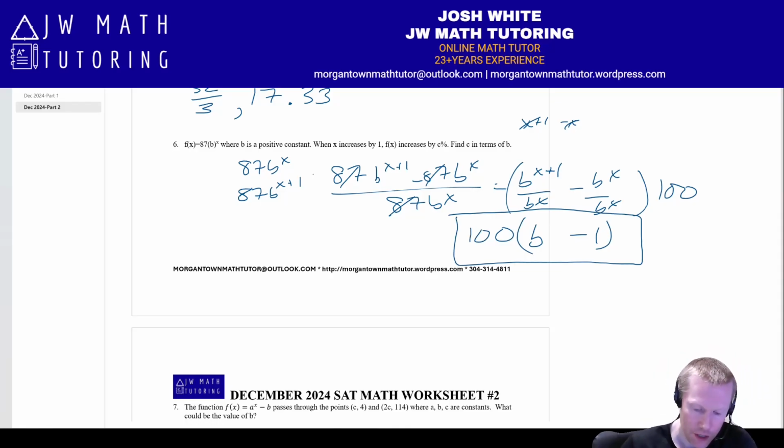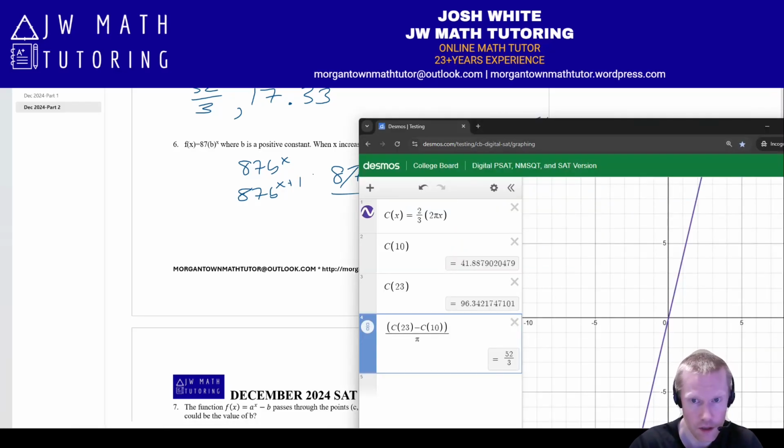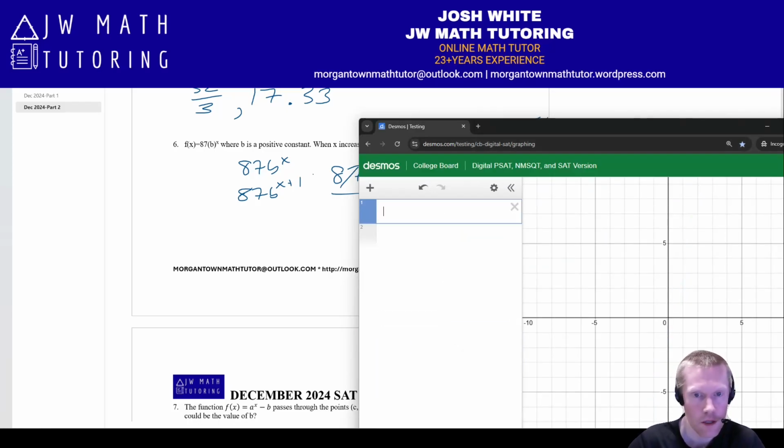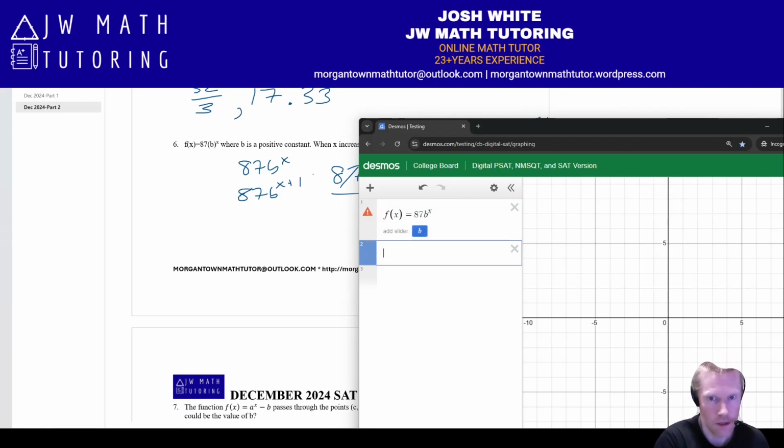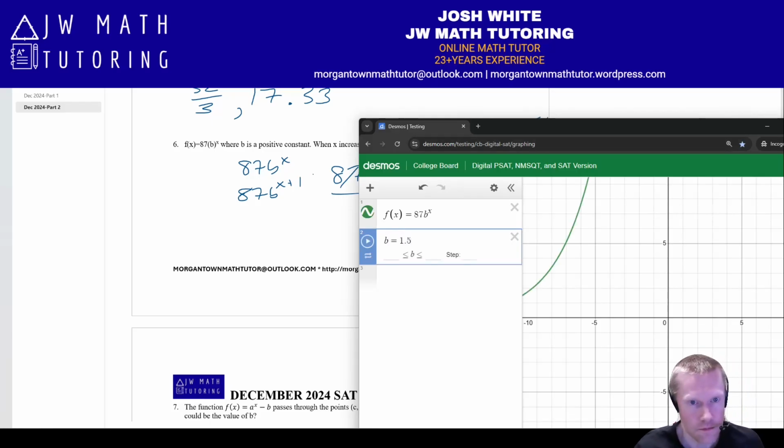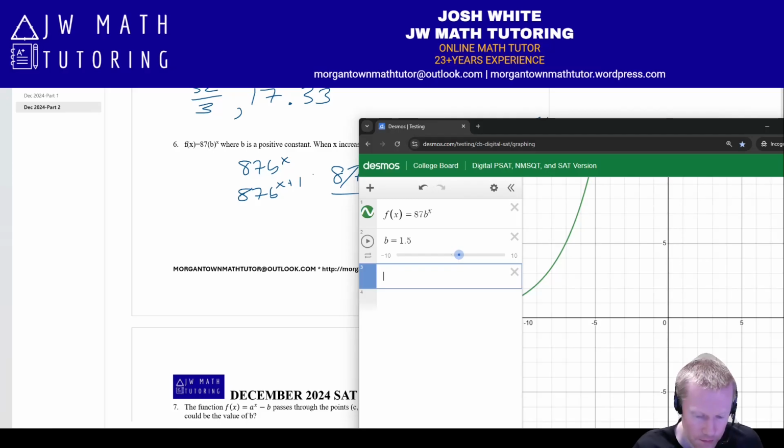Now, just to show you how you can confirm that this is correct using some actual numerical values, let's go to Desmos. We'll put in the function. I let b equal 1.5. And now I'm going to increase x by 1.